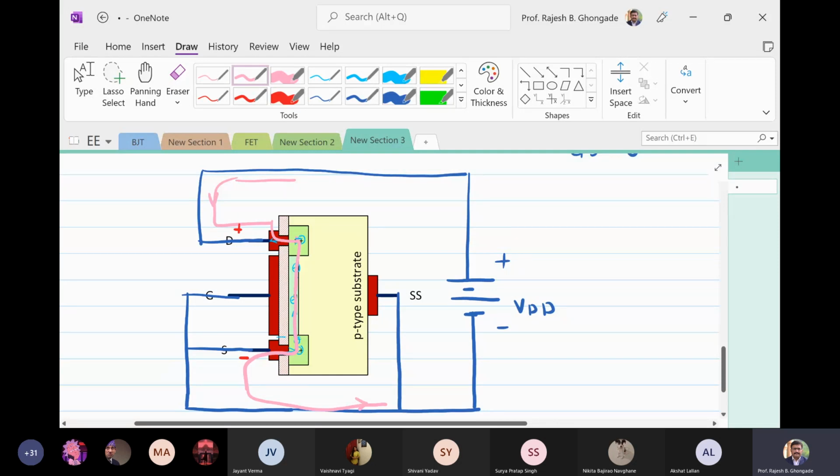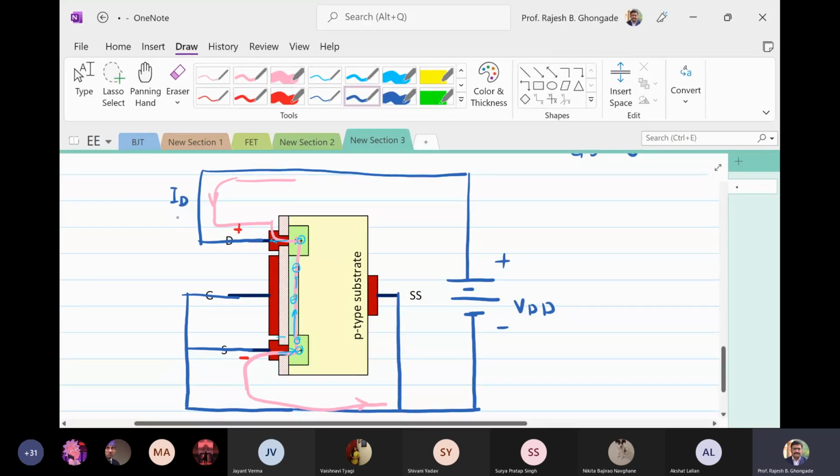So current is set up. Agreed to that? Do you agree to that? Yes, sir. अरे भाई, करंट होगा कि नहीं फ्लो होगा? Yes, sir. होगा सर. तो ये ड्रेन करंट है, ये अपना ड्रेन करंट है.